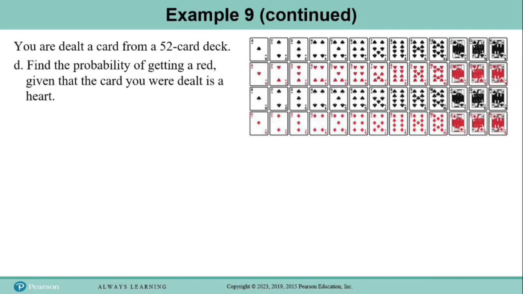This time we're supposed to be finding the probability of getting a red given that the card we're drawing is a heart. So we would write that down as the probability of getting a red given that the card we're drawing is a heart. Now our sample space is limited to the hearts, and we know that there are 13 hearts in the deck. Here they are right here. So that is our sample space.